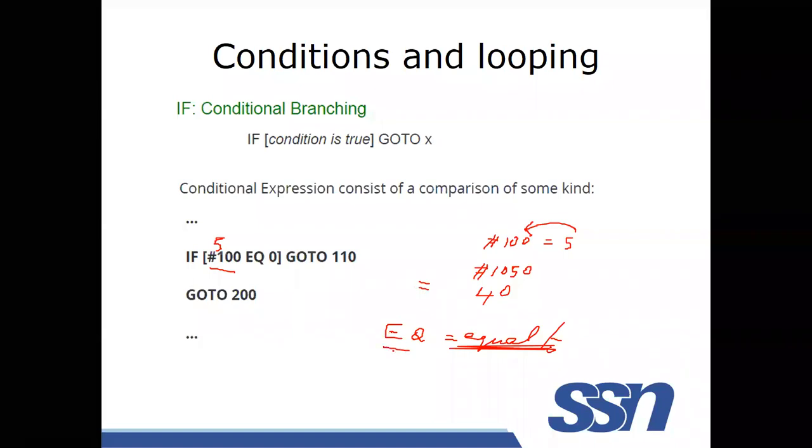Therefore, we write EQ. If the content of memory location 100 is equal to 0, a set of instructions will be executed. In this case, this becomes false. It is not equal. Therefore, GOTO 110 means that at block number N110, something will be written. So straight away the controller will go to this place. If it is false, it will go here. If it is true, the set of instructions, whatever you write here, will be executed. It is a conditional branching.